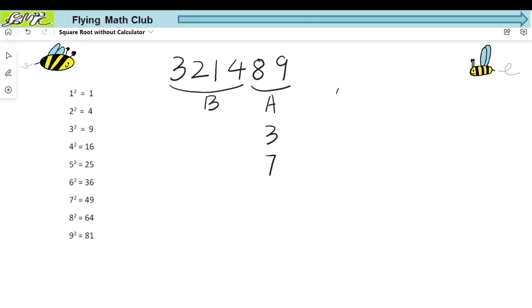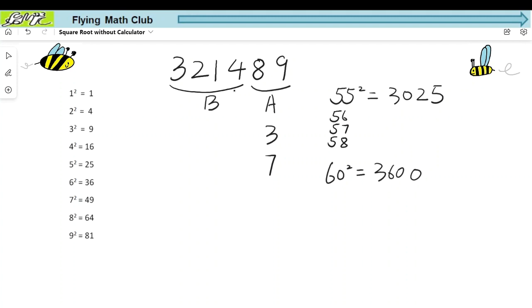As we know, 55 squared equals 3025. 60 squared equals 3600. So there are 4 possible values: 56, 57, 58, 59.